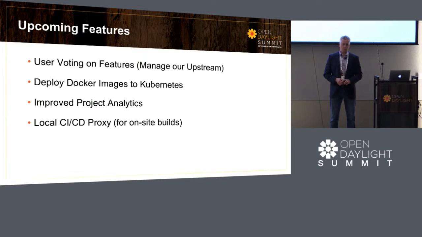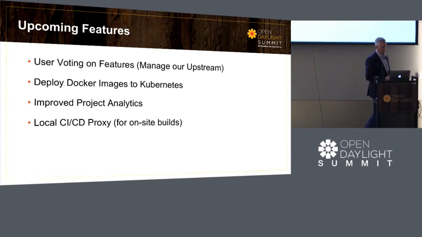And so what we want to make sure we offer to everybody is the ability to influence what they need within upstream. So we are creating voting on features to manage the priority of what's going in upstream. That's something that we offer through the platform.